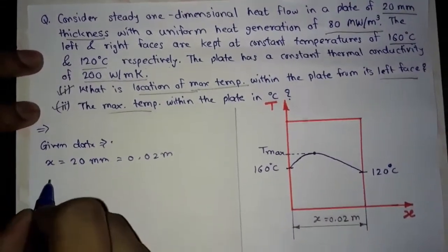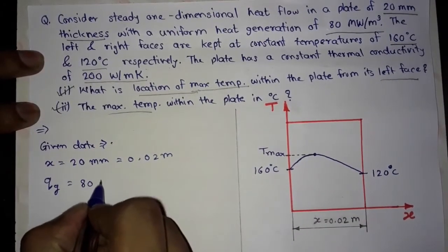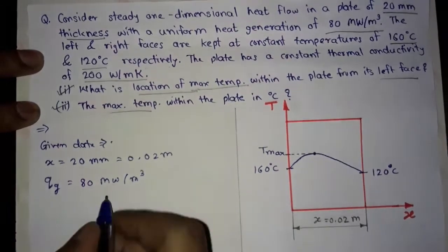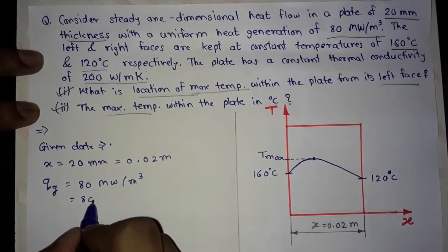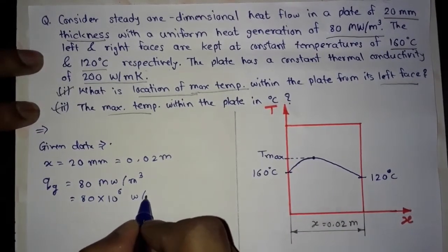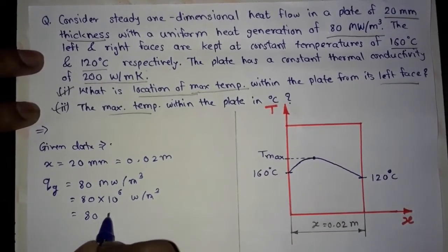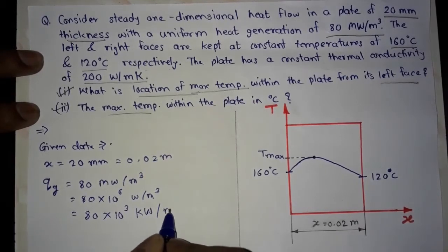So heat generation Qg is equal to 80 megawatt per meter cube, which is equal to 80 into 10 raised 6 watt per meter cube, which is again equal to 80 into 10 raised 3 kilowatt per meter cube.